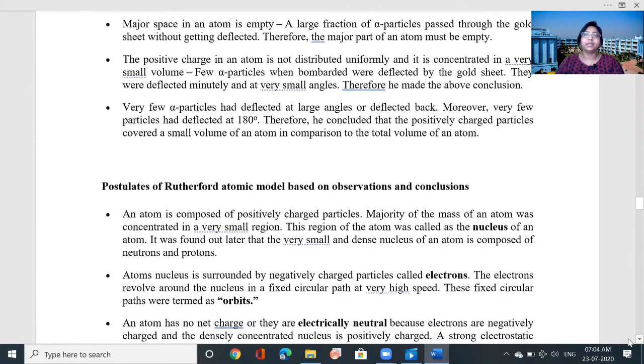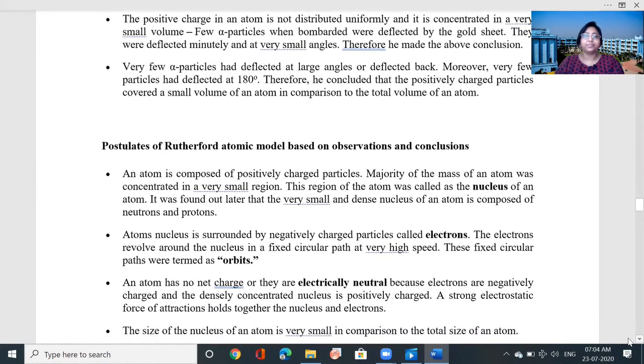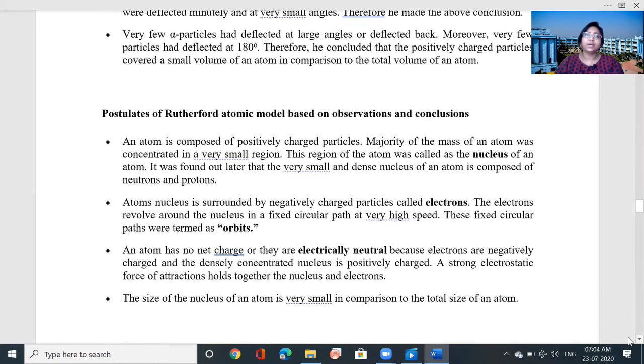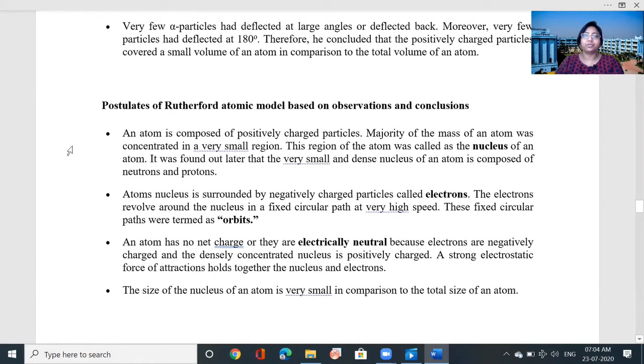After that, he drew some postulates. So what are the postulates of the Rutherford atomic model based on the observation and conclusion? Number one, an atom is composed of positively charged particles. The majority of the mass of an atom is concentrated in a very small region.